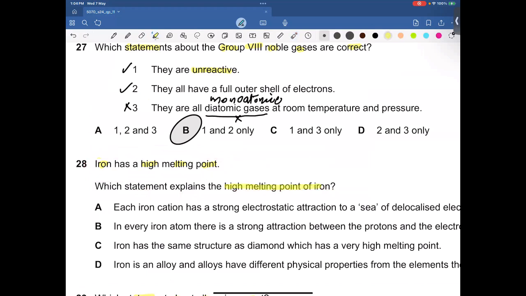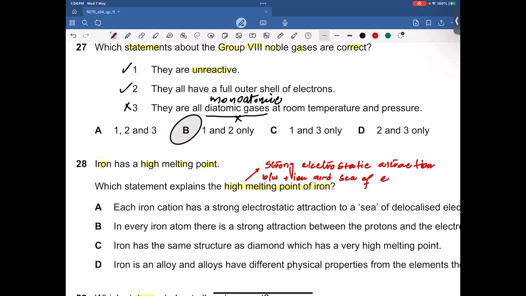High melting point reflects the strong electrostatic attraction between positive ions and the sea of delocalized electrons.